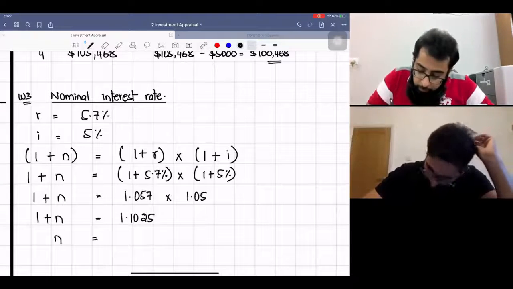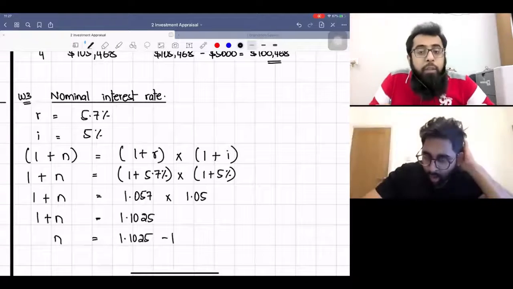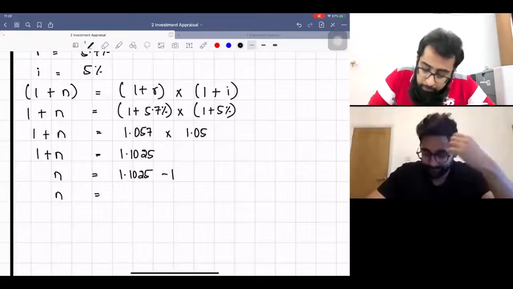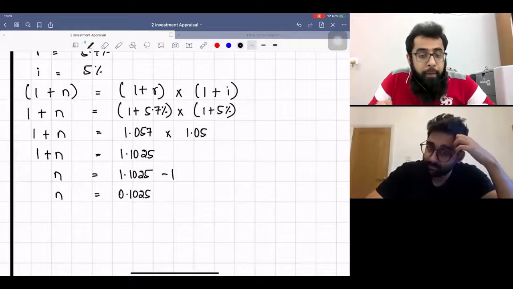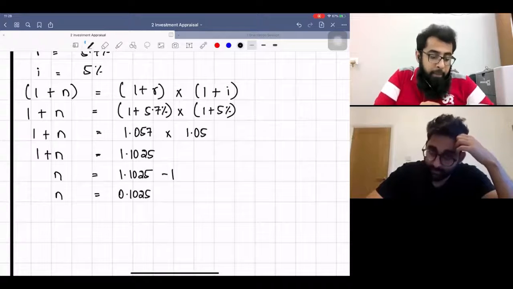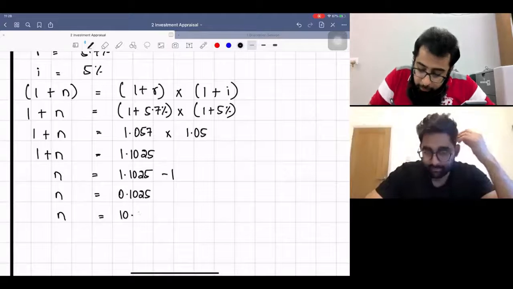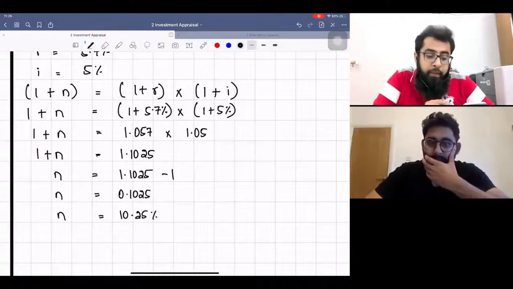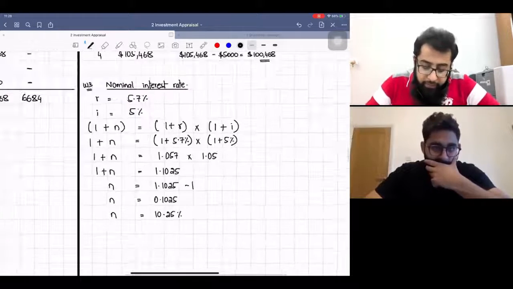Now n will be 1.1025 minus 1, so n will be 0.1025. Basically I calculated it wrong before. I can call it 10.25% if I multiply it with 100. So 10.25% is the discount rate.